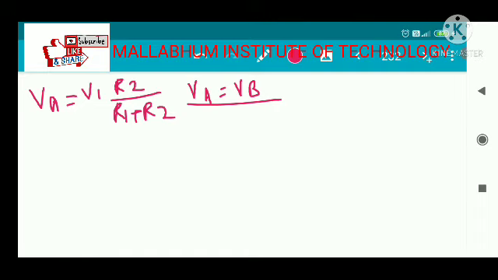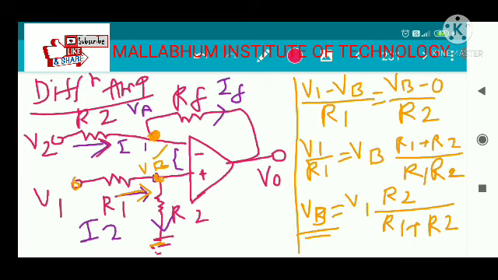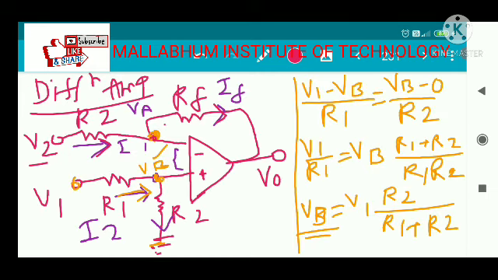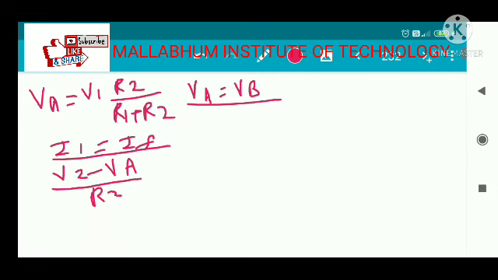Next, I1 equals IF. This point potential is known, so (V2 minus VA) divided by R2 equals (VA minus V0) divided by RF.